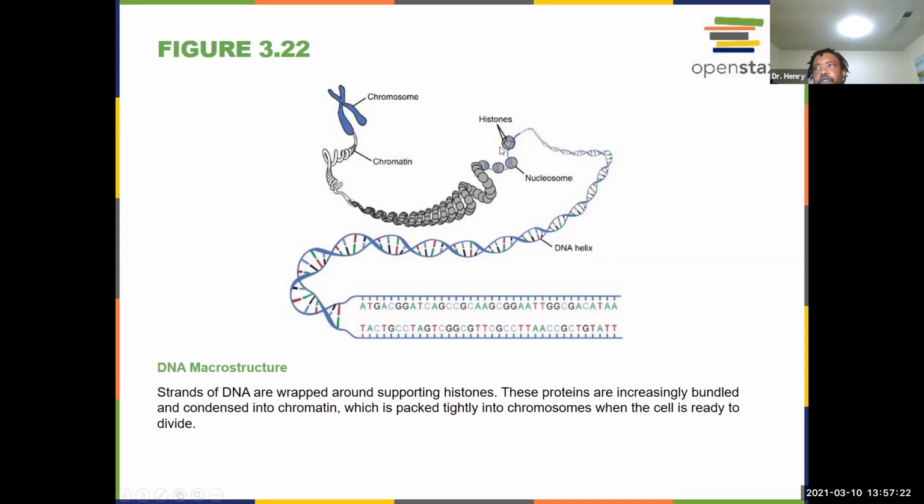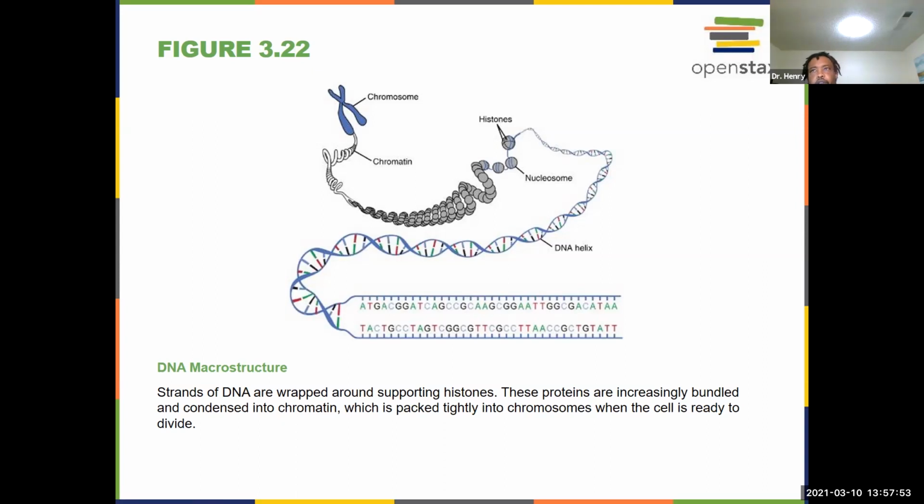So histones are used for coiling the DNA. If you get a whole bunch of histones together, they form what we call the nucleosome, which is just DNA coiled around the histones. Then the nucleosome forms the chromatin. Chromatin is the way DNA is normally stored inside the nucleus, all connected together, not separated.